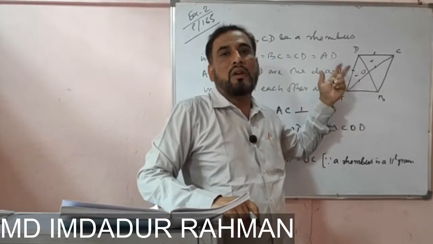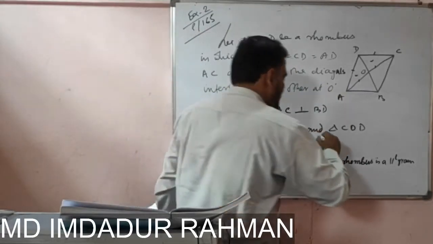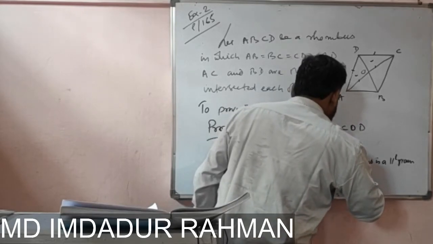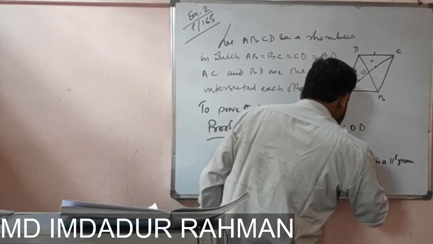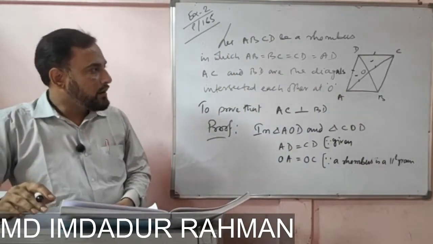ABCD is a rhombus as well as a parallelogram. So we can say that OA is equal to OC. And this part is given, since AB is equal to BC is equal to CD is already given.